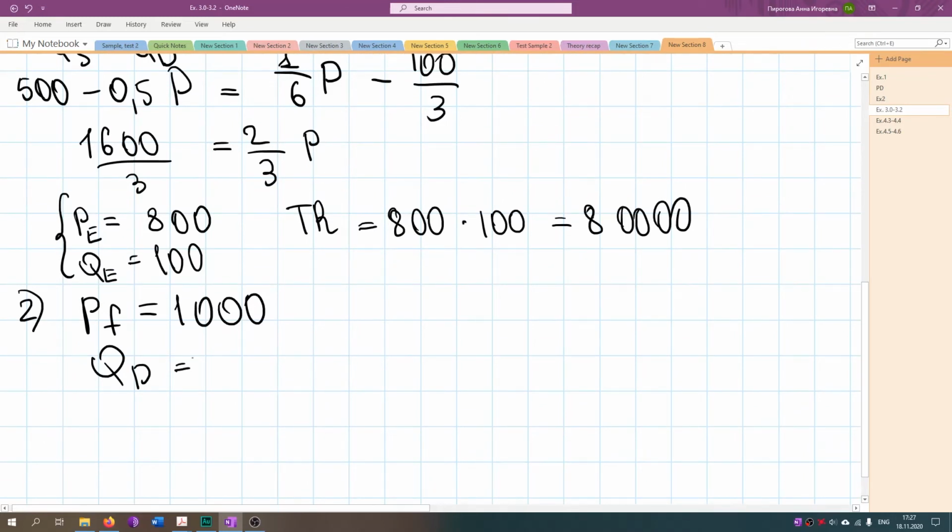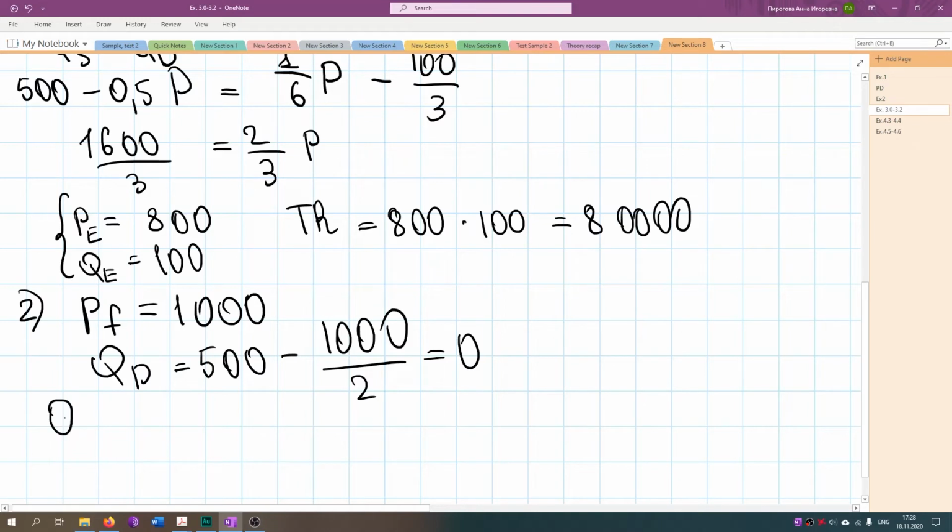So we will get 500 minus 1,000 divided by 2, and we see that actually nobody buys any units, maybe because it's too expensive. So our quantity purchased is equal to 0.